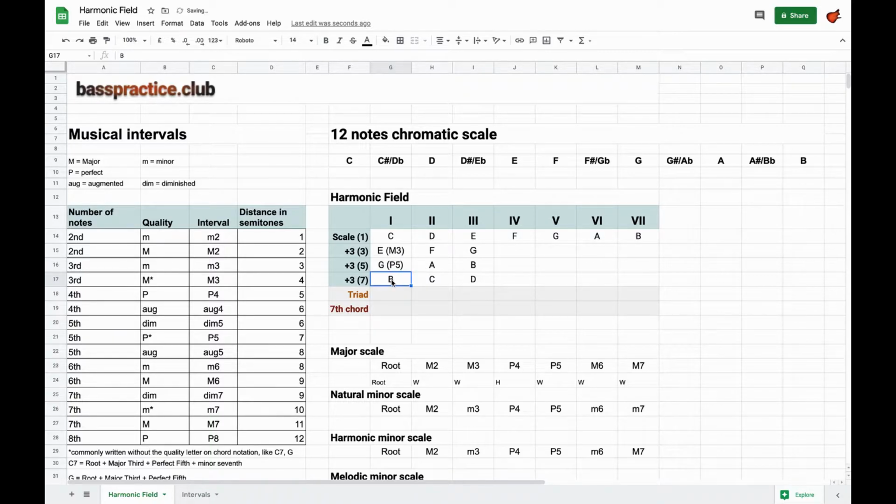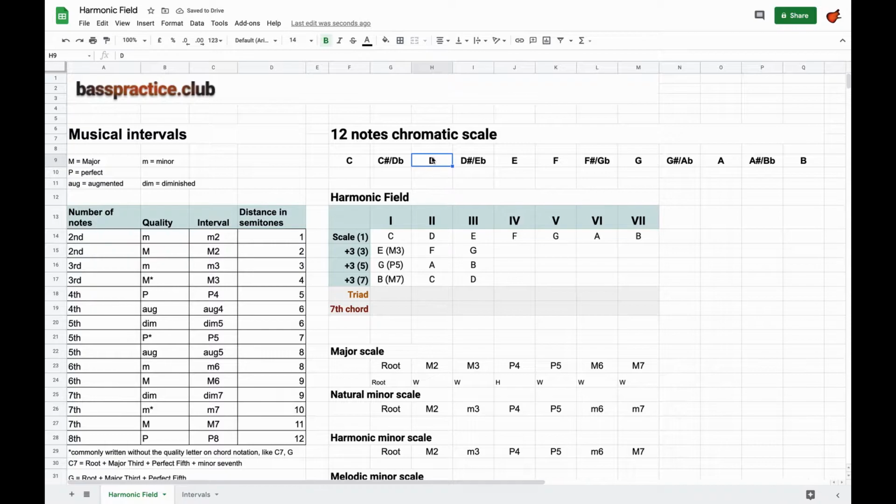And now the B. How many semitones? 1, 2, 3, 4, 5, 6, 7, 8, 9, 10, 11. 11 semitones. It's a major 7.